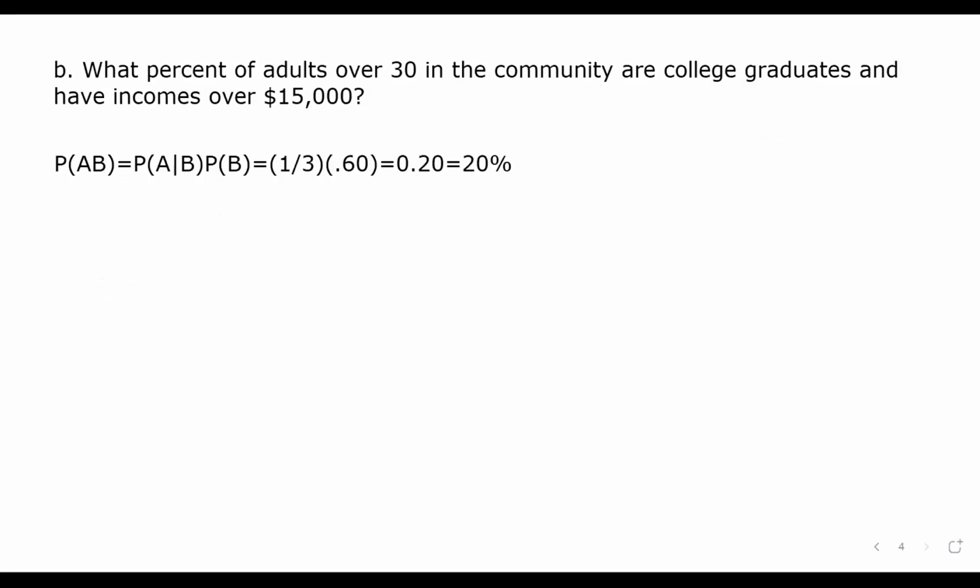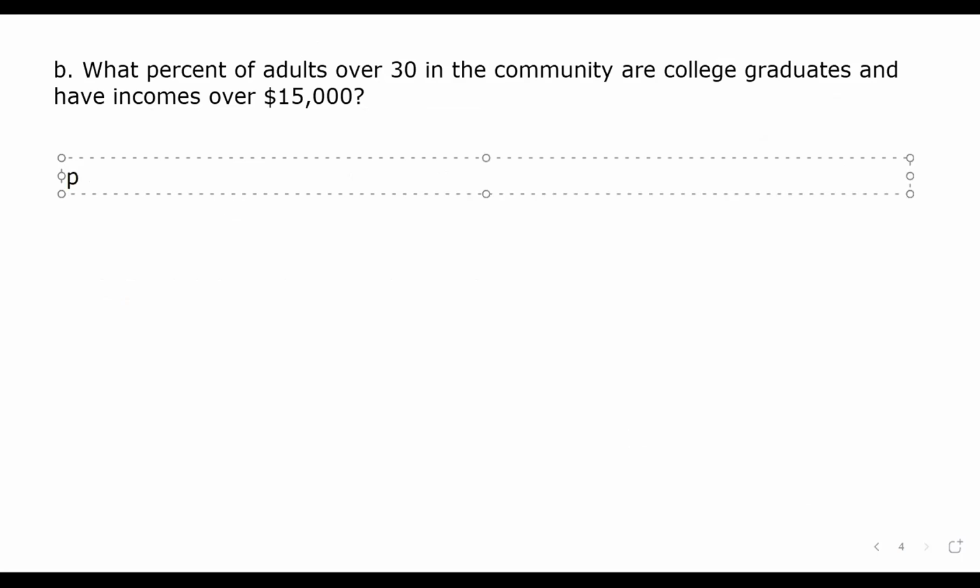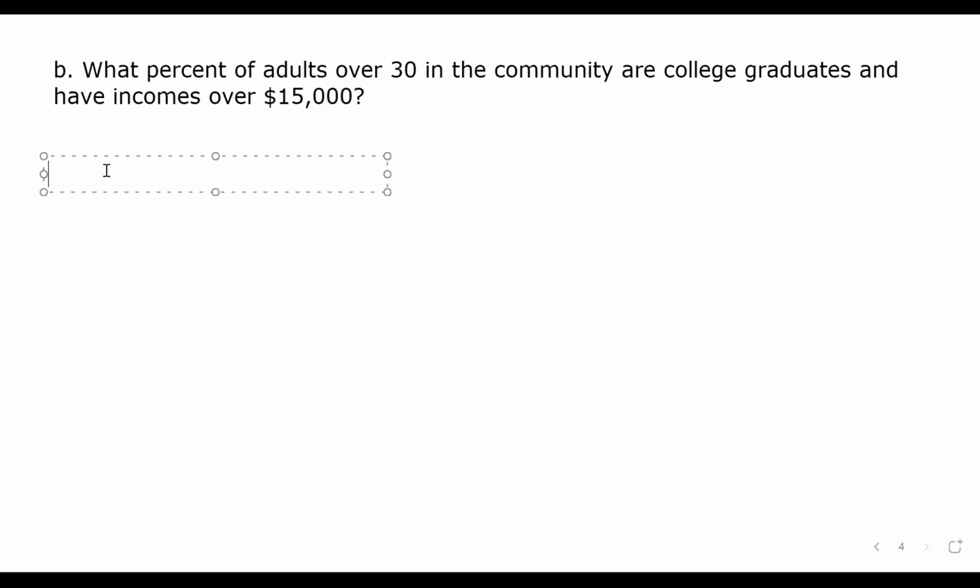And then here, I just have to plug in the other probability. So this is saying find the probability of the events over 15,000. Find the probability of A. Okay, so you want to find the probability of college graduates who have incomes over 15,000. So that's P of AB.